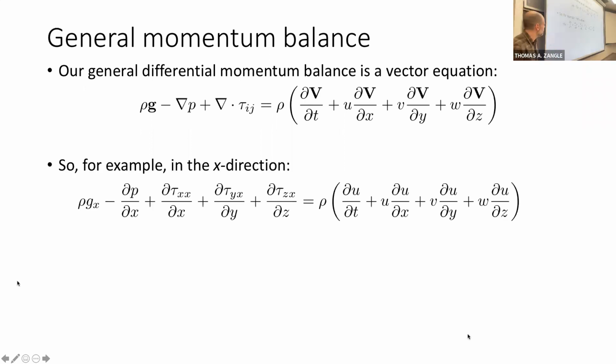So for example, in the X direction, we have this expression: rho times the X component of gravitational acceleration, normally going to be 0, right?